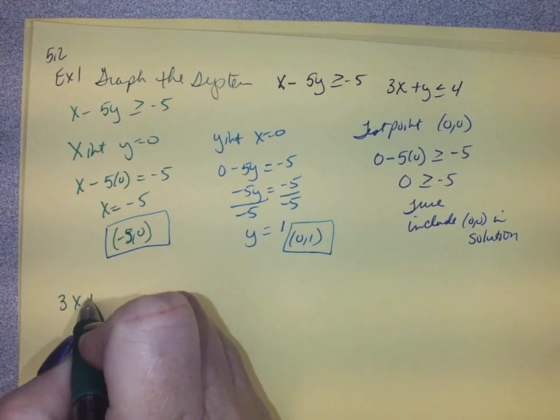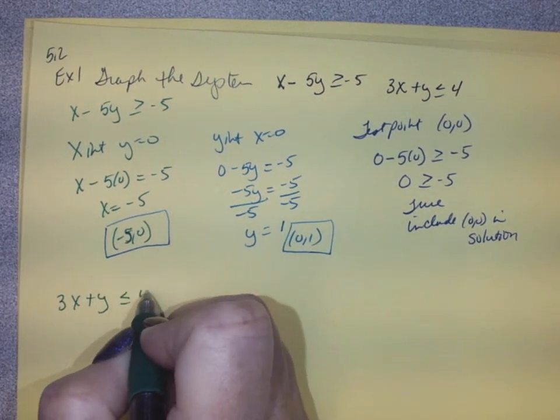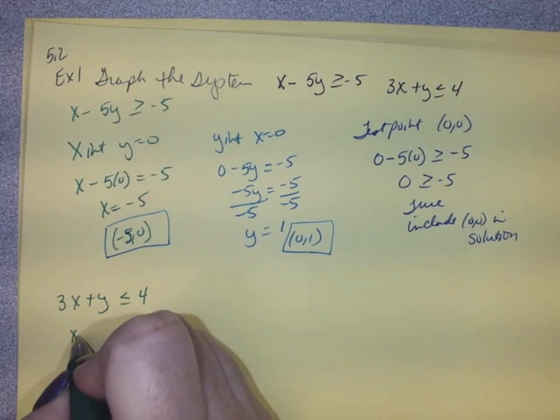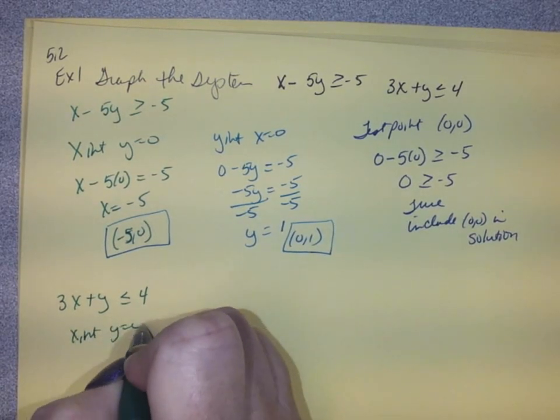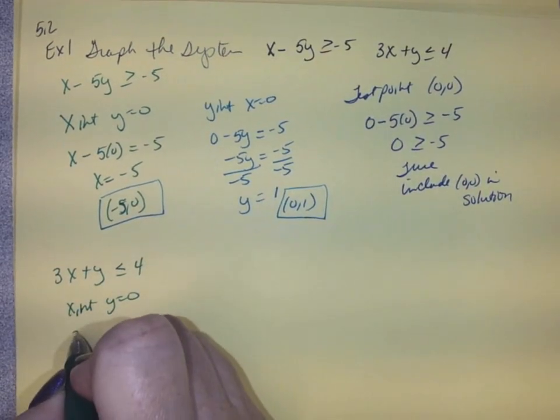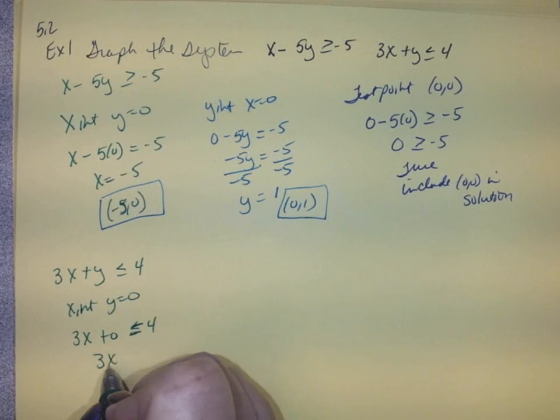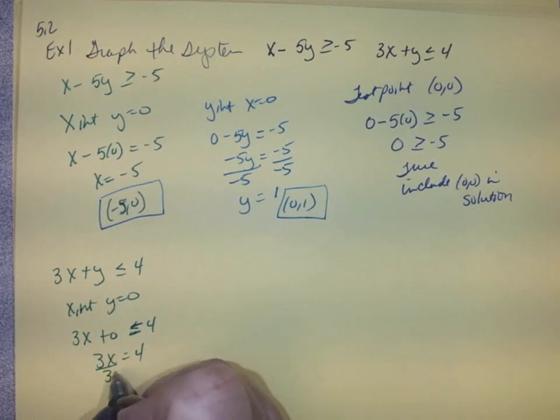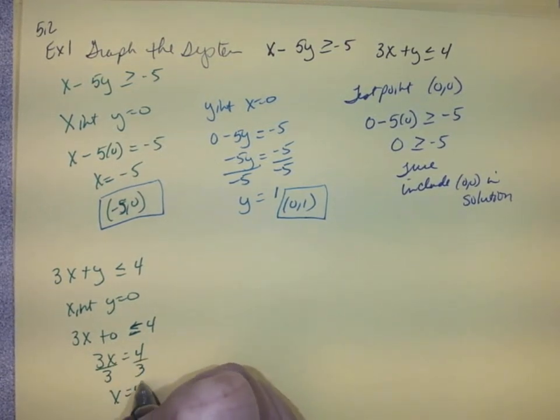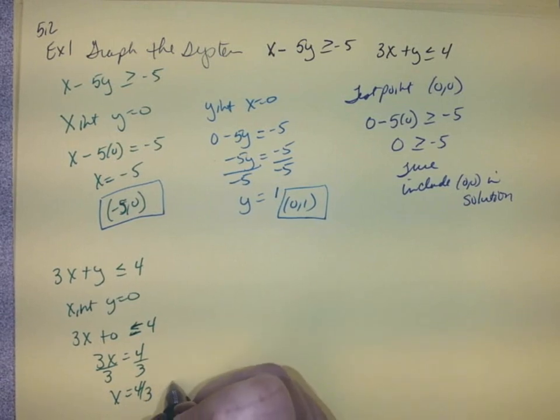Okay, now let's do our second equation. We have 3x plus y less than or equal to 4. So x-intercept, y equals 0. So 3x plus 0 equal to 4. So 3x equals 4, divide by 3, x will be equal to 4/3.